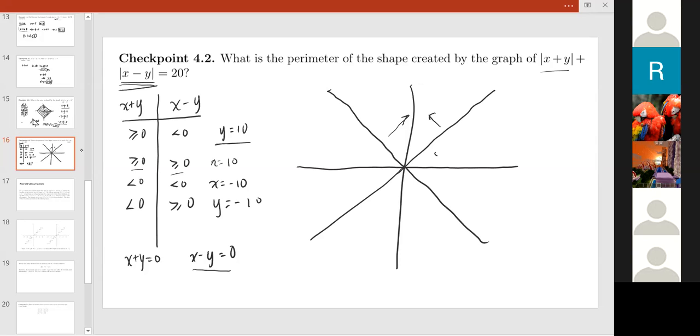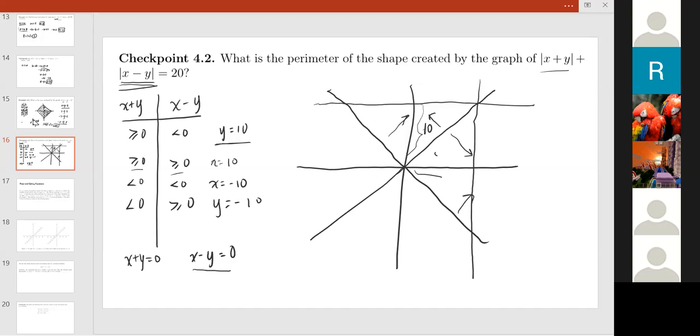So the line y is equal to 10 is just a horizontal line. And this is 10. Now in the second case, we have both are greater than 0. So that's going to be this region right here. And we have x is equal to 10. That's just a vertical line. And again, this is 10.